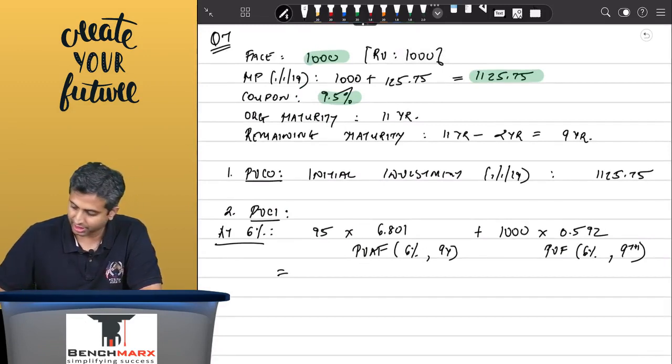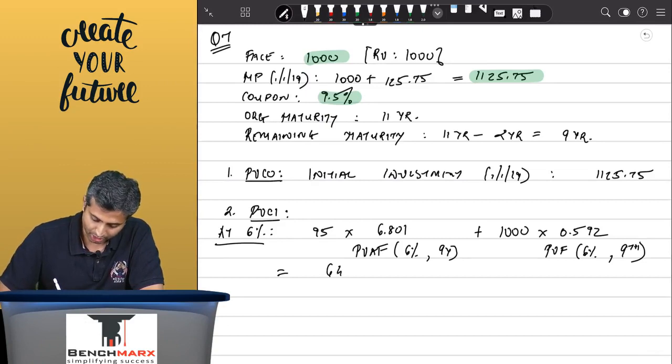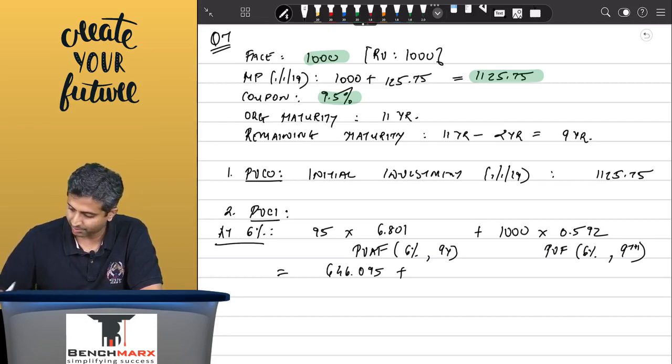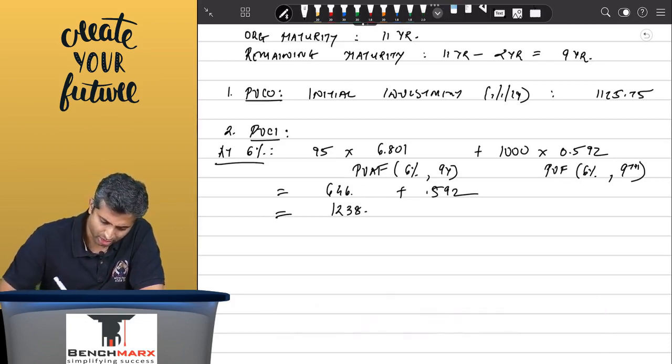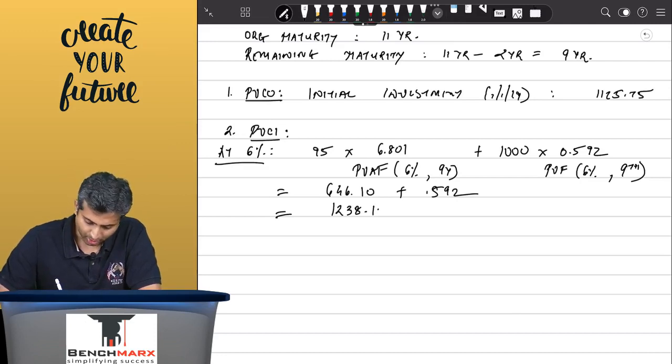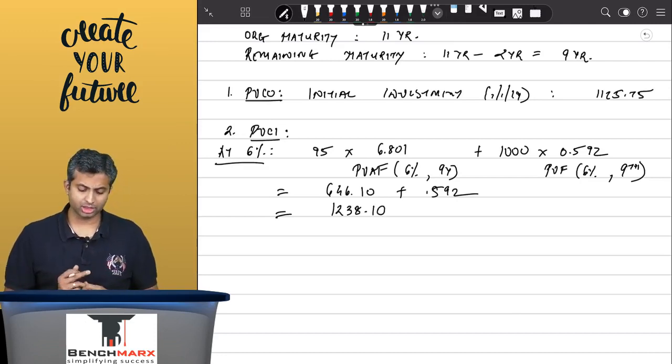So over here this is, let us say, 95 into 6.801, this is 646.095 plus 1000 into 0.592, that is 592, and hence if I total up, this is 646.095 plus 592, which is 1238.10. So over here this is at 6%.